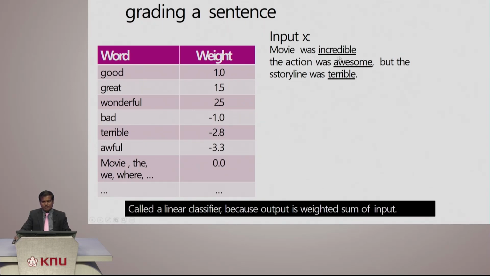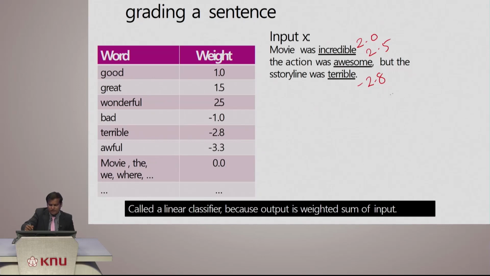The movie was incredible, the action was awesome, but the storyline is terrible. So if this is given to us, we know that some weights are given, like suppose incredible has 2.0, awesome has 2.5, and terrible has minus 2.8.